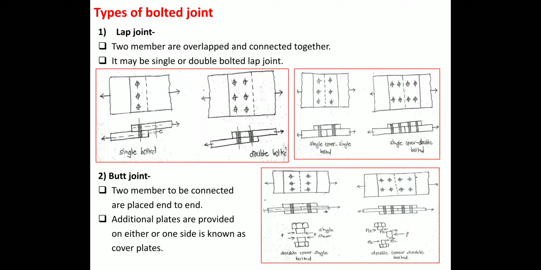If you go through this figure, these connections are called a butt joint. Plates are placed above and below these connections, so it is called a double cover single bolted connection, and here a double cover double bolted connection.